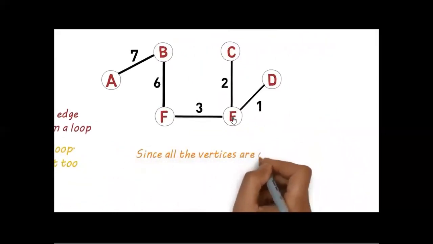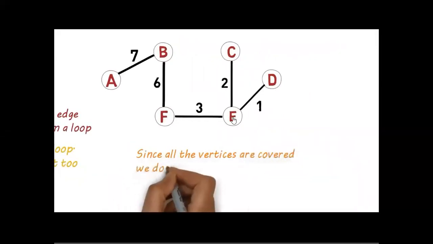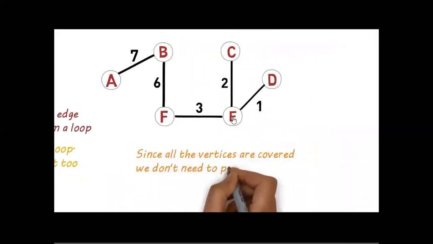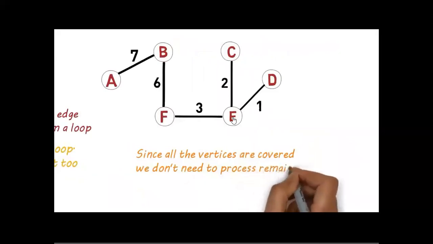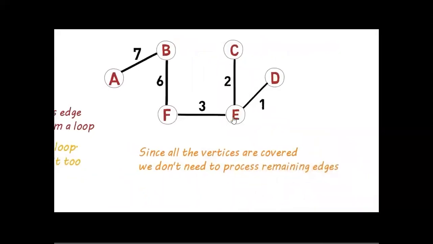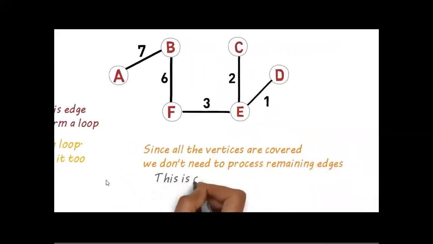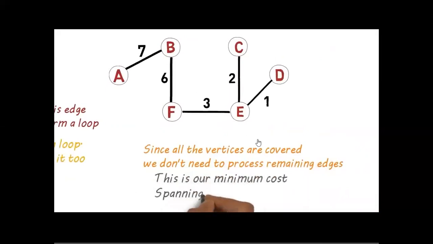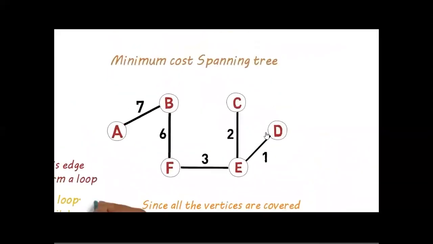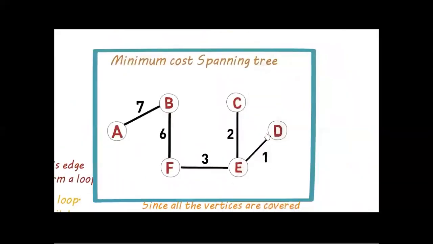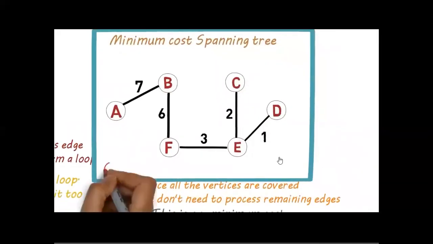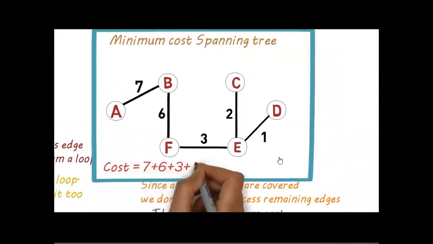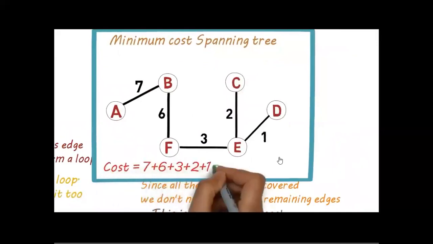So this is the minimum cost spanning tree. Here we are counting the cost. 7 plus 6 plus 3 plus 2 plus 1 equal to 19.